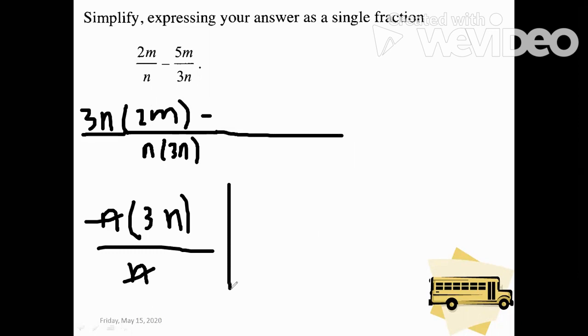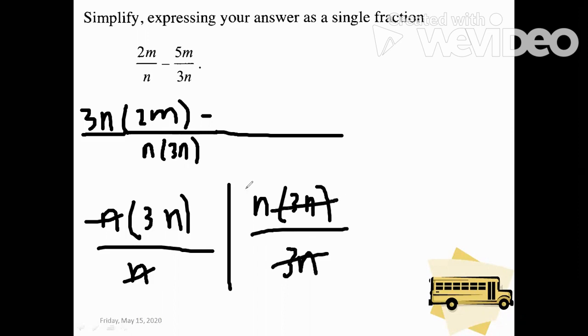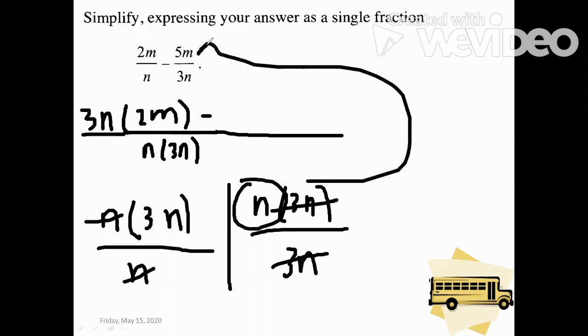And then the other piece, 3n into n times 3n, which is actually like this. So this is what's really happening. 3n into 3n will cancel out, leaving back n. And then we're going to multiply 5m times n.